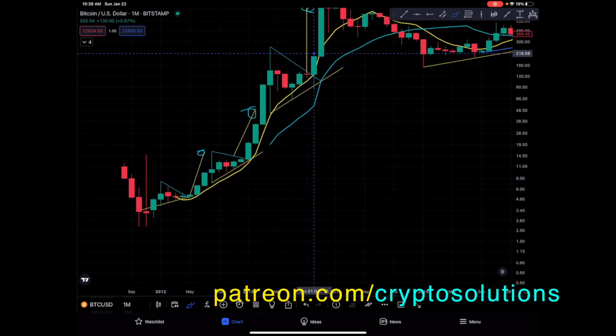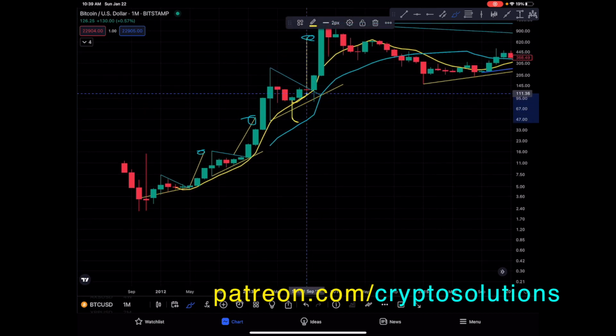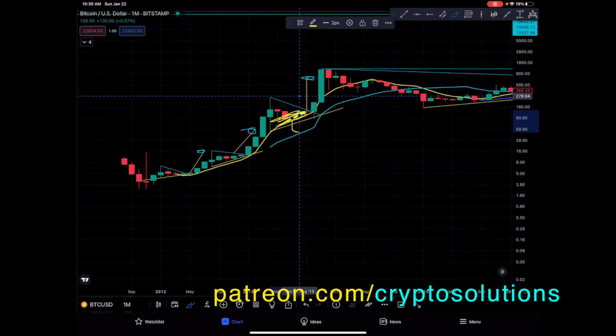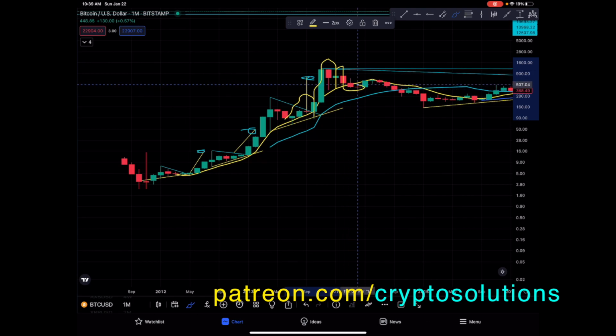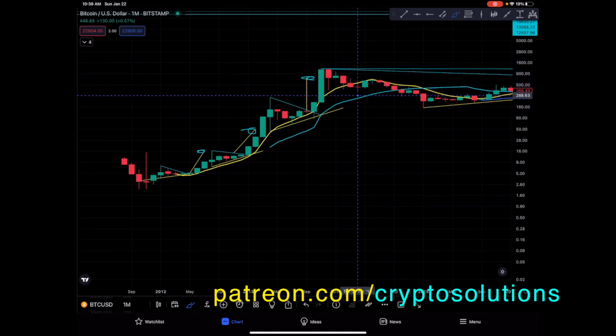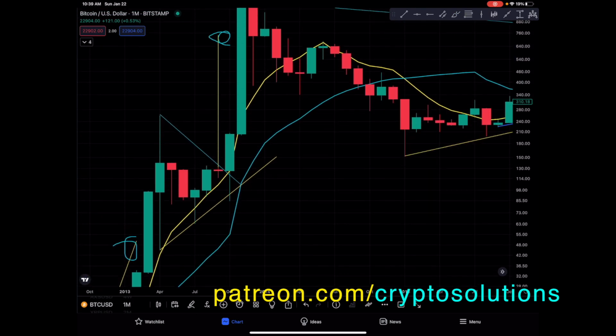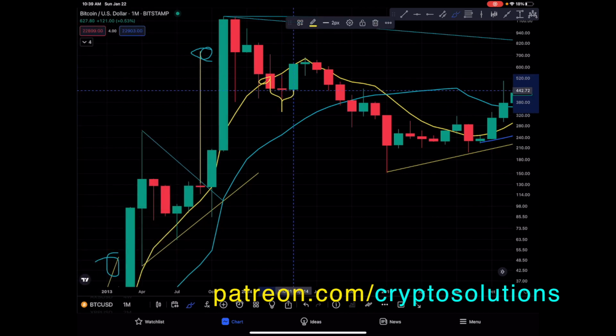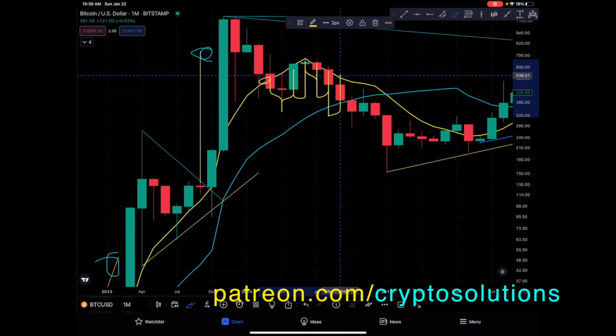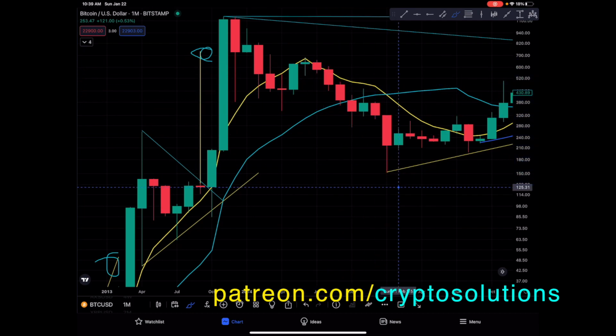And look at that, even wicks, but as long as that monthly body candle closes above that yellow 8 simple moving average, it's continuation, and as soon as a monthly red body candle closes below that 8 simple moving average in the monthly time frame, then boom, bear market. Boom, resistance, resistance, resistance, resistance, and boom, bear market.